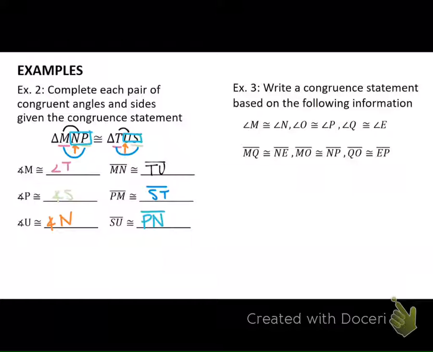So write a congruent statement based on the following information, meaning write which two triangles are congruent to each other. So Morgan, what would one of our triangles be? Let's start with just naming the first triangle. Triangle what? Good. Triangle MOQ.